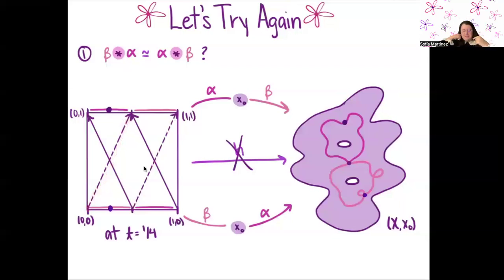It wouldn't be well defined. So unfortunately, a homotopy doesn't exist. I can't find a continuous function or family of loops that interpolates between the two loops. So unfortunately, the answer is no, again, sadly.